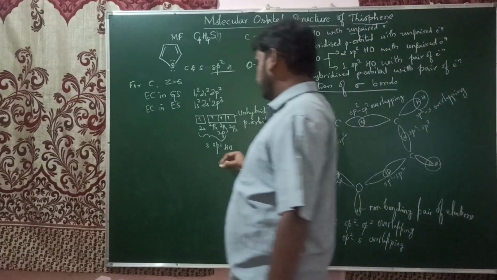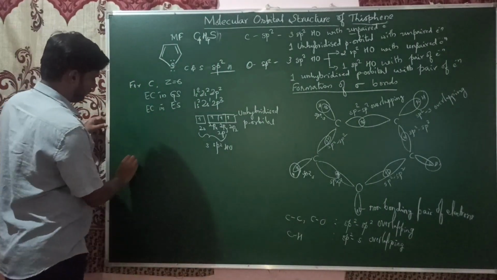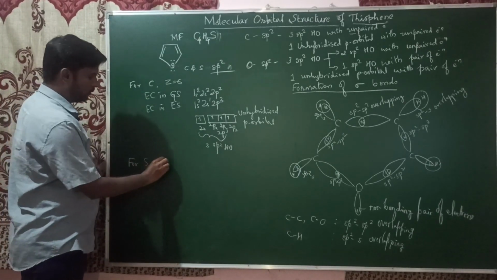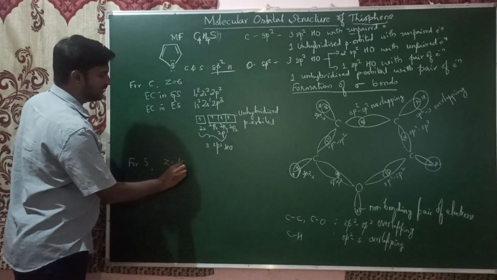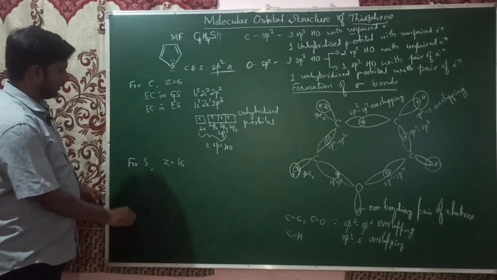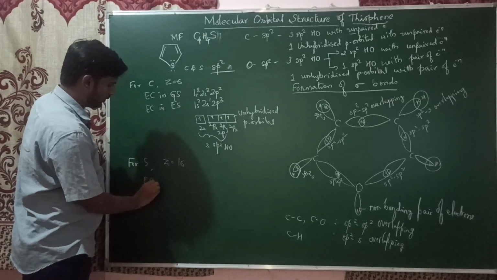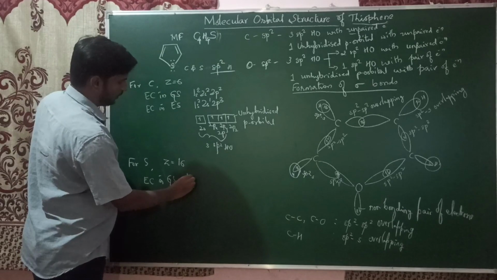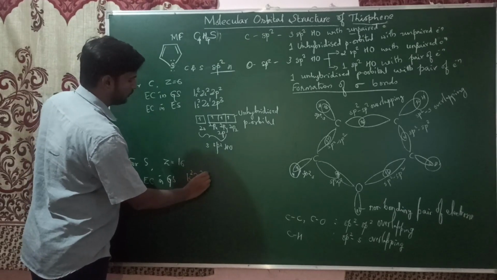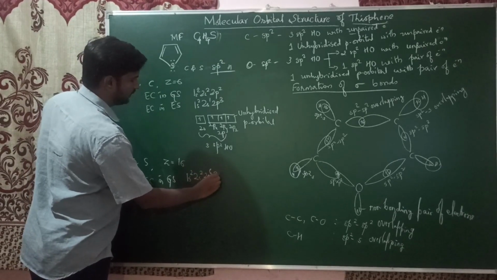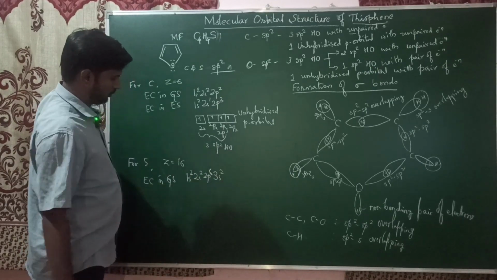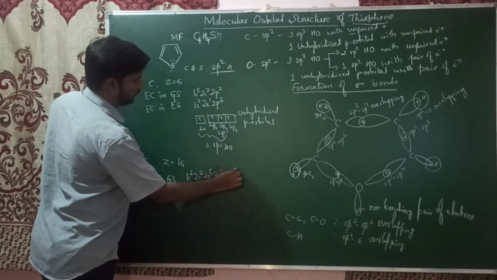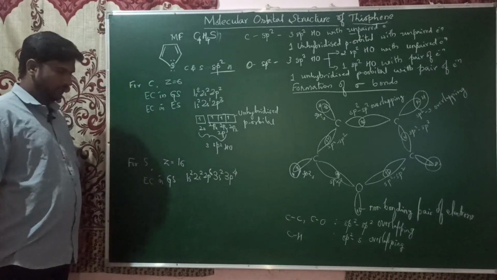For the sulfur atom, you know the atomic number of sulfur is 16, and the electronic configuration in ground state is 1s2, 2s2, 2p6, 3s2, 3p4.